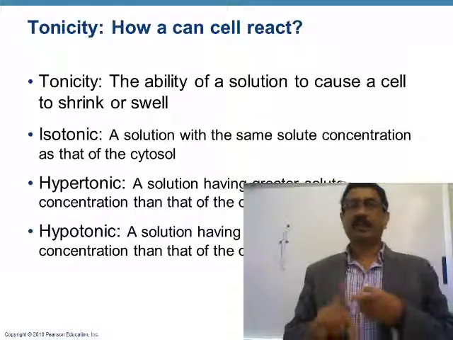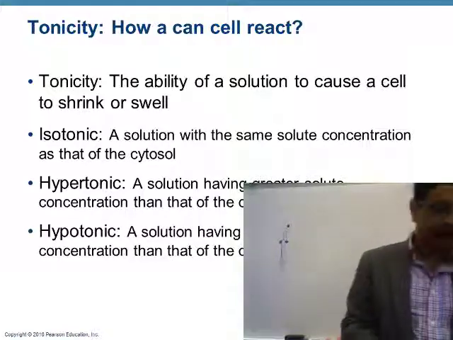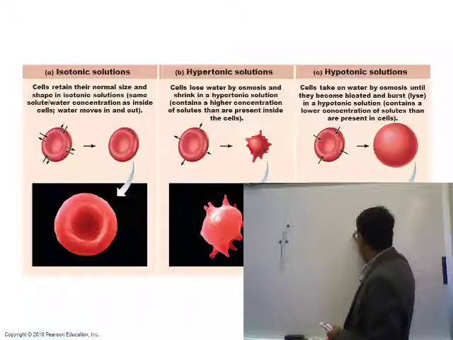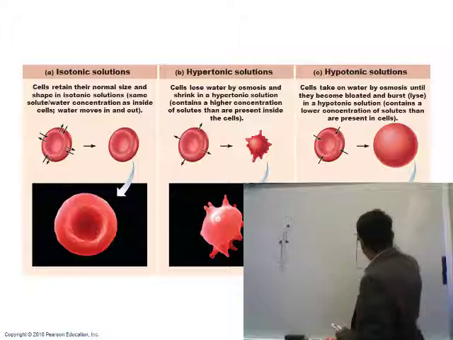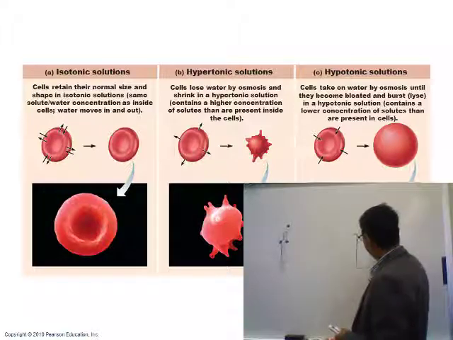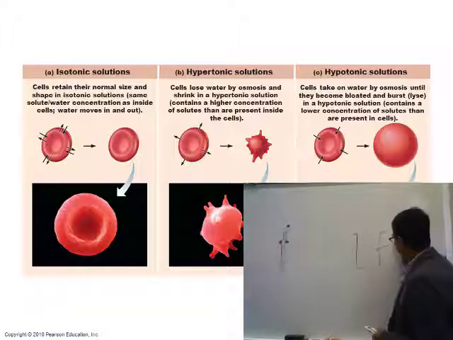Now, how a living cell responds in different types of solution. If you put a living cell in an isotonic, hypotonic and hypertonic solution, how the living cell will respond? So now just think that you have a beaker and the solution here, the concentration is 5 milliosmol.